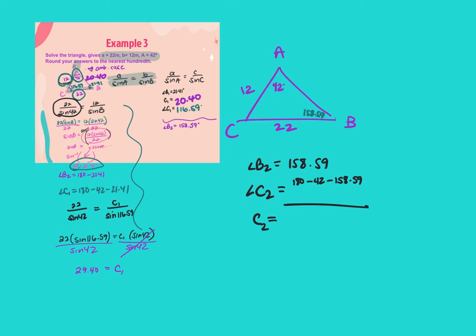If what I get from that is negative, it's not possible to make the second triangle. So 42 plus 158 is going to be bigger than 180, so I know this is going to be negative. But if you don't know it just from looking at it, subtract it. 180 minus 42 minus 158.59, and I get negative 20.59. If this angle is negative, I rule out the second triangle, and I know to only keep the first triangle.